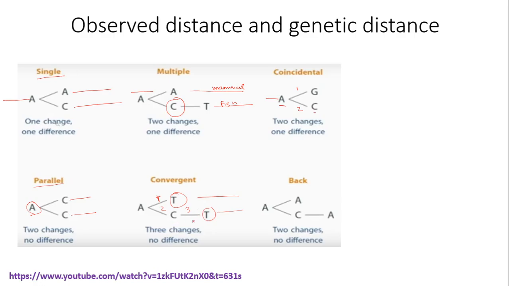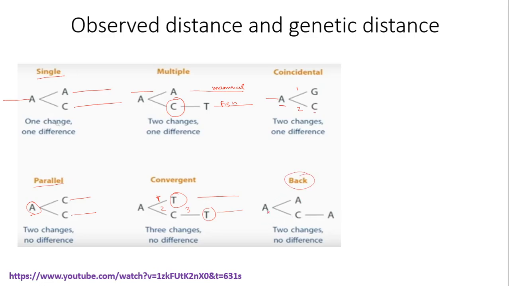So if there are three changes that are happening and at the end there is no difference, we call such changes convergent changes as they appear to happen in the same line and the end result is the same T. Now another situation can be like, what if the change happened and in subsequent time it got reverted back to the original nucleotide? We call such changes back changes.